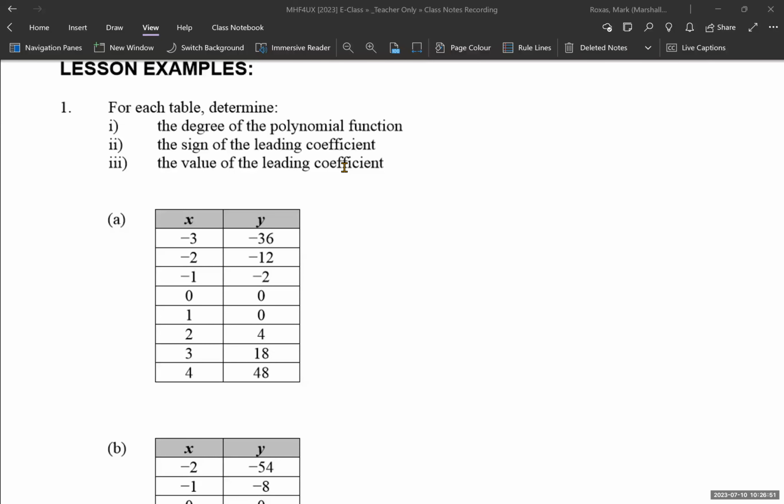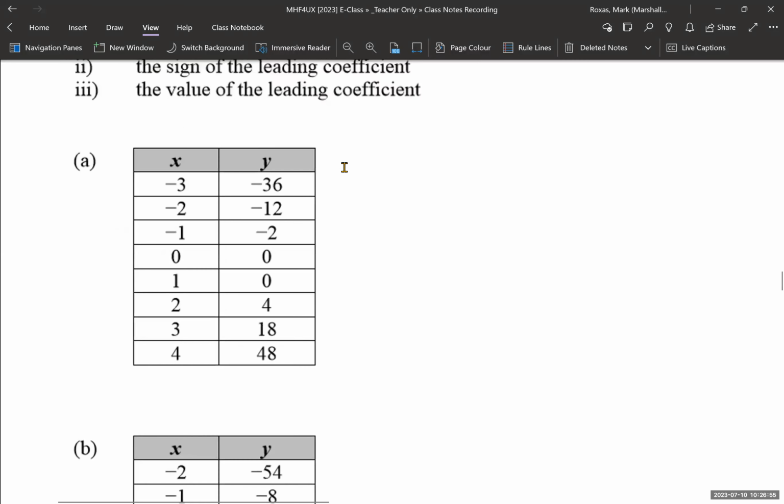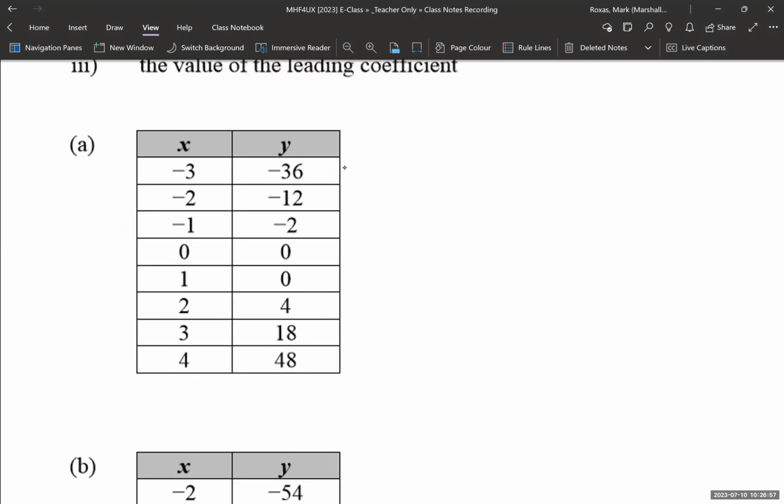So here in this first table of values, we're going to recall, how do we do first and second differences? Let's write here: first difference. If you remember how to do the first differences, you take consecutive y values and you subtract them. So negative 12 minus negative 36 is equal to 24. Negative 2, take away negative 12, which would be 10.